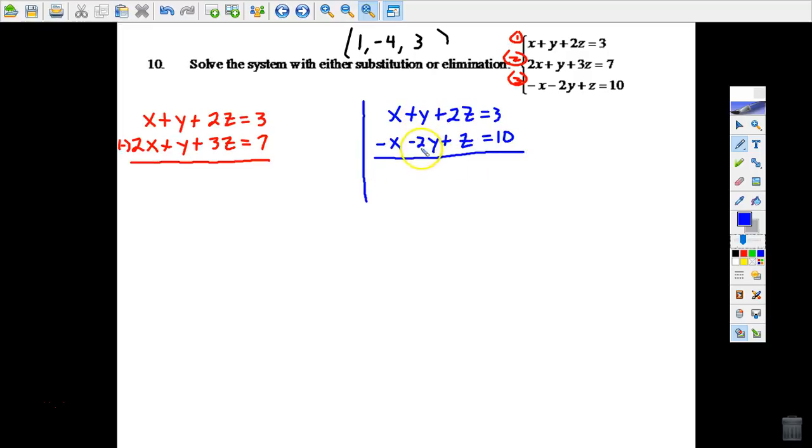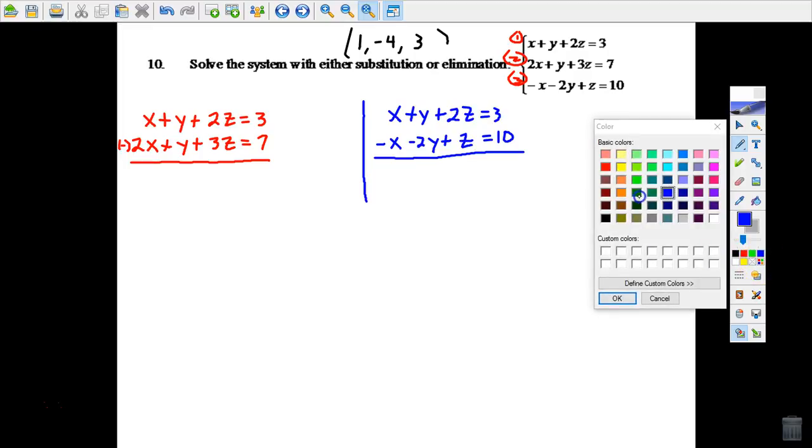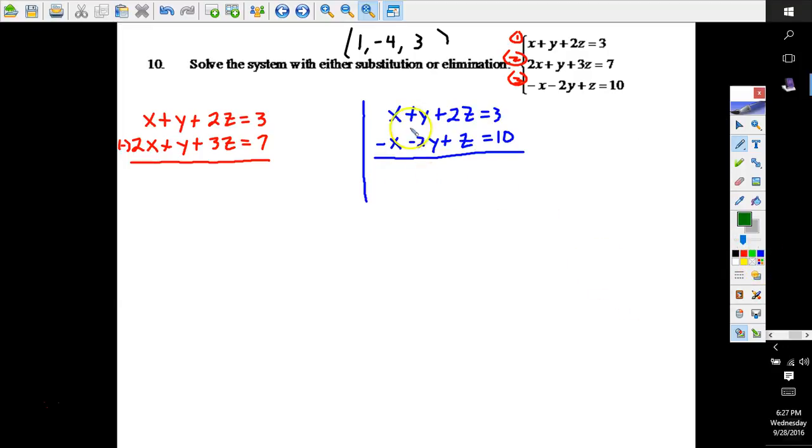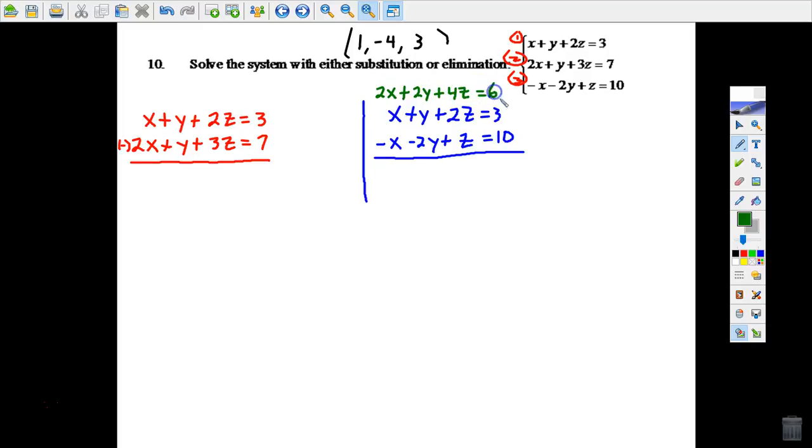Well, it doesn't just automatically eliminate, so to make it cancel, I'm going to have to multiply the top by 2. So maybe I'll go with green on that. So here's the top equation multiplied by 2. 2x plus 2y plus 4z equals 6.